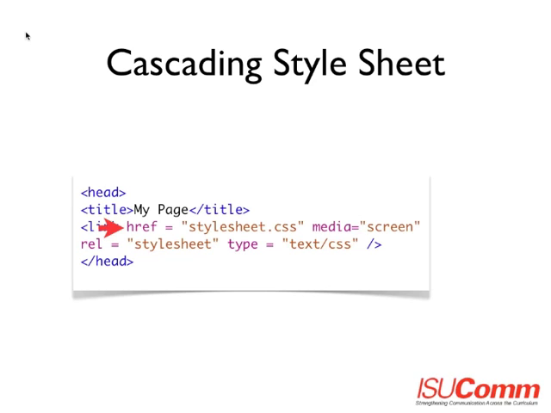And what it's saying is go to this file in the folder called stylesheet.css, or in your case, style.css, and get the style information for this page, apply it to this web page when you are displaying it in a browser. Okay? That's really all you need to know. I always just copy and paste this content. It took me a long time before I actually memorized what media to put, what relation to put, what type to put. So you can always just copy and paste that.